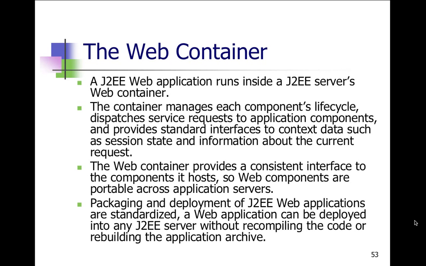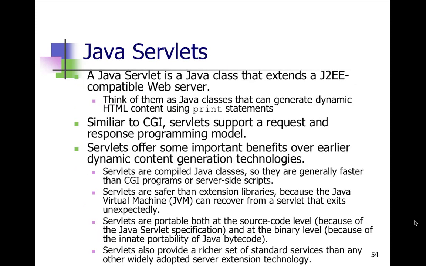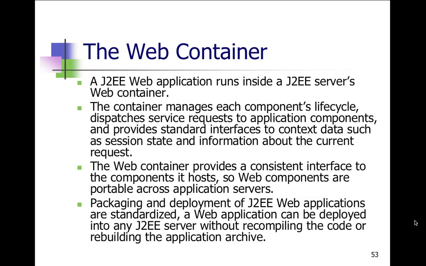Web containers are portable across different application servers. You just load the Java program in there, and it becomes a servlet. So packaging and deployment of web applications are standard. The web application can be deployed to any J2EE server without compiling the code or rebuilding the application archive. So you're just moving it from one location to another when you start installing it on different servers.